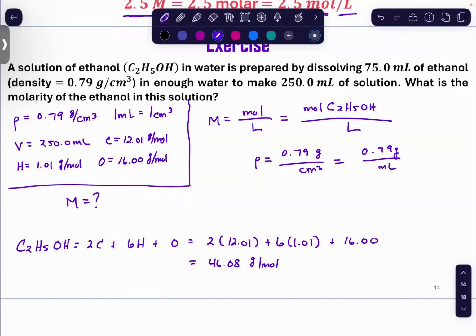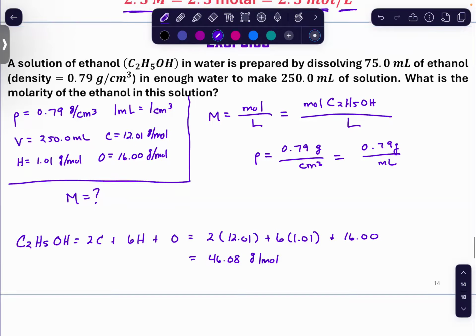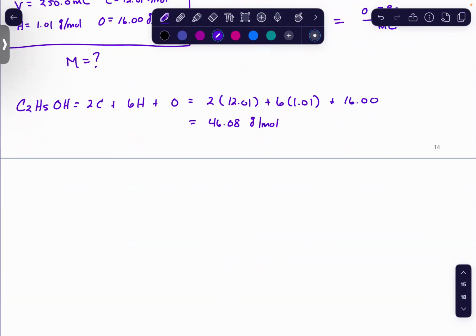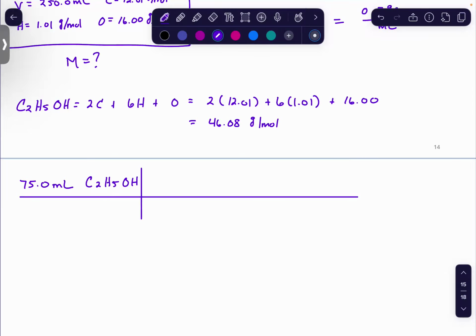Now, I need moles of methanol. I already have my volume. Okay, so what do I have? 75 milliliters of ethanol. I've been saying methanol. Methanol is 1 carbon. Ethanol is 2 carbons. And it's funny how sensitive chemistry is.